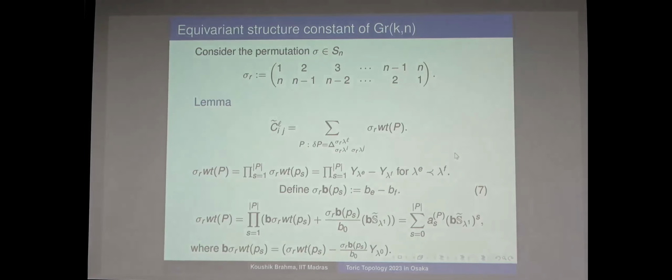If I consider lambda equals 1 4, then it will look like 1, 0, 0, 1.